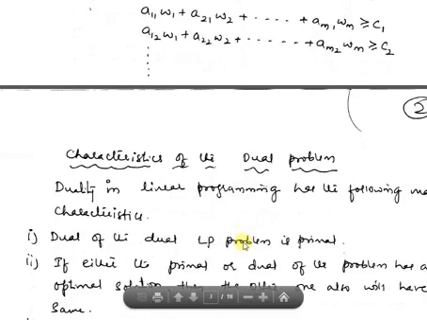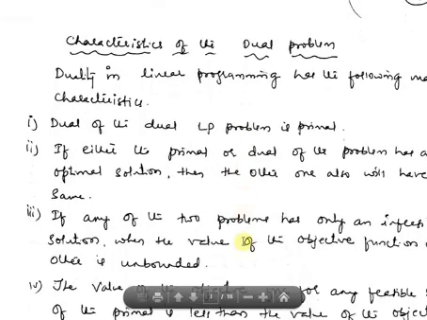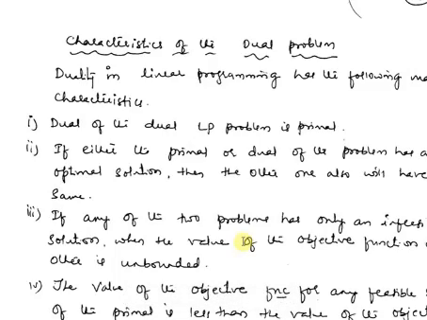Before we move on to the problem, a brief overview of the characteristics of the dual problem. How can we identify the nature of the dual problem, or what are its characteristics?